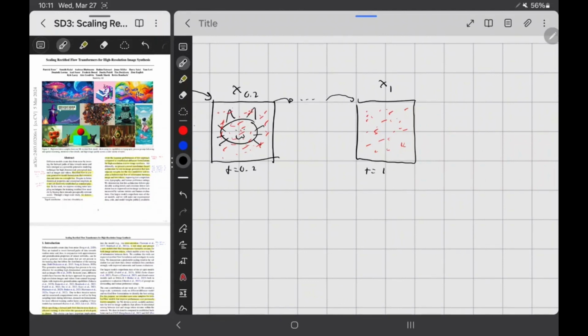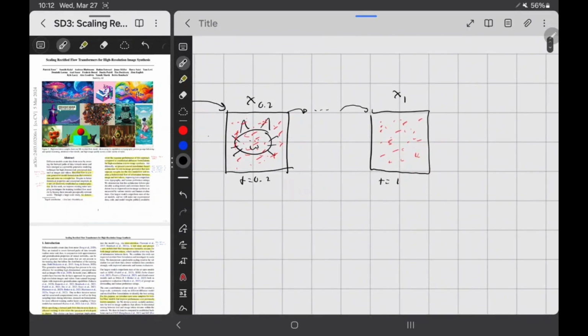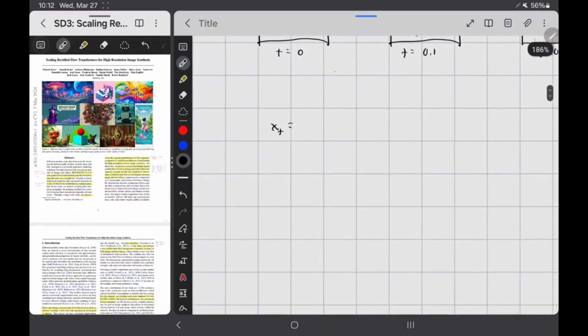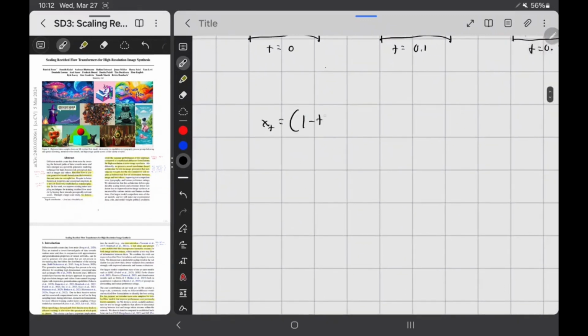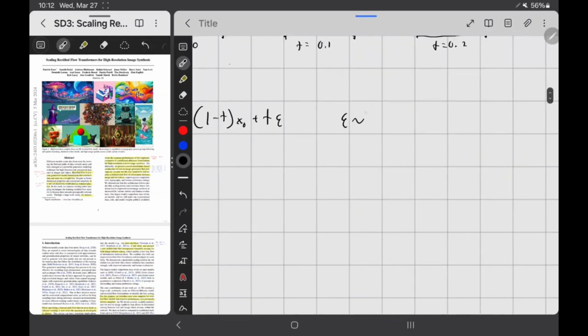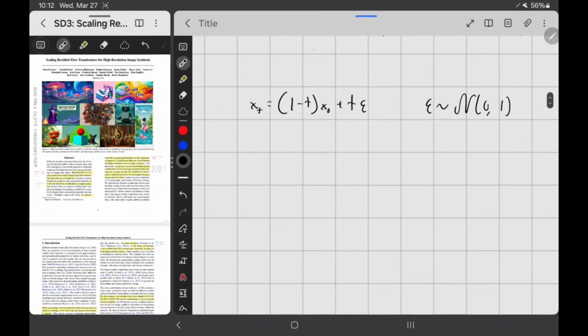Z is usually used for latent, but anyway, you have your signal and you noise it to get 100% pure noise. You can model this easily by an interpolation: (1 minus t) times x0 plus t times epsilon, where epsilon is sampled from a normal distribution with mean 0 and variance 1, or standard deviation 1, whatever.